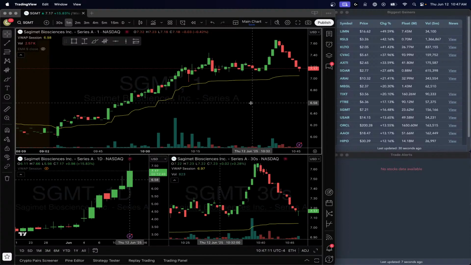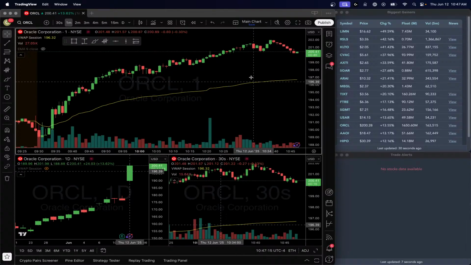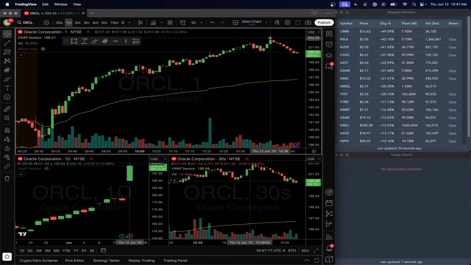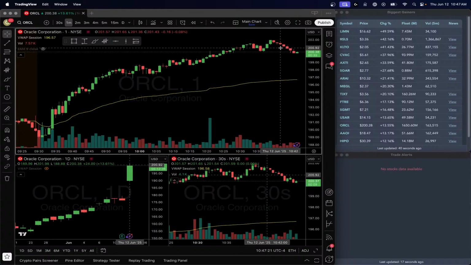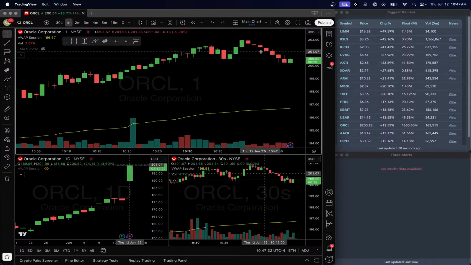So let's look at Oracle. So at SGMT, the trade kind of worked out. Yeah, so it ran up. We had 1042 show up. So it seems like the system is working, because right there, the second bar right there, it alerted us.